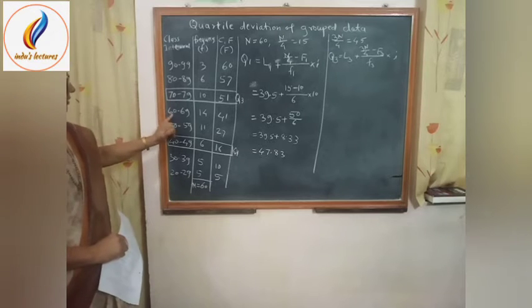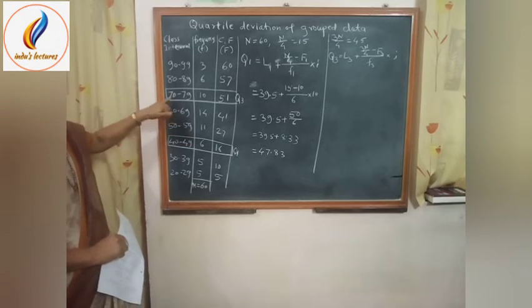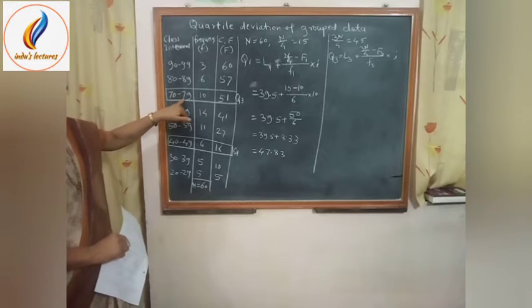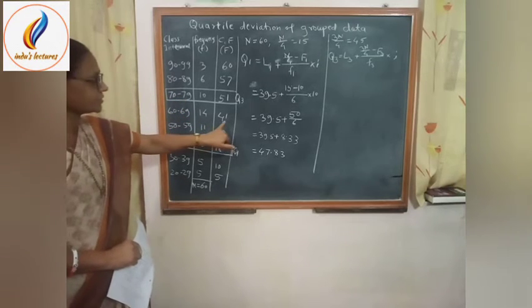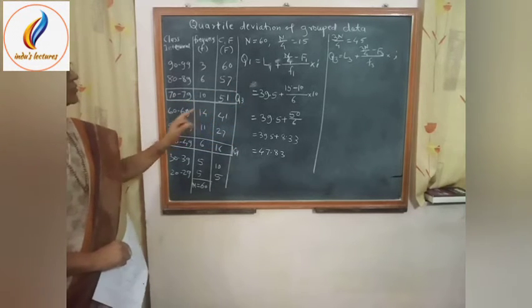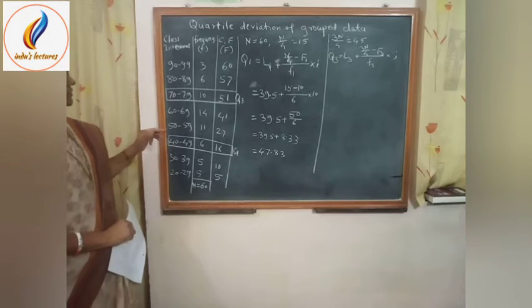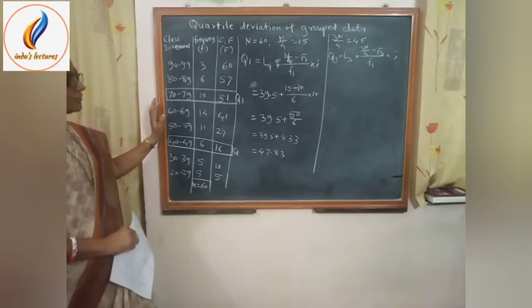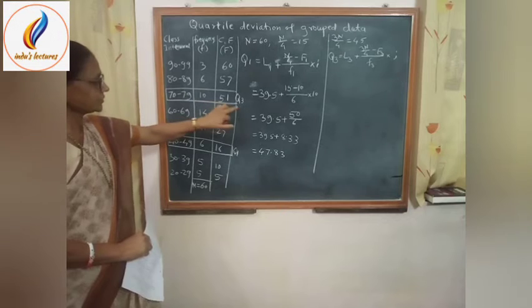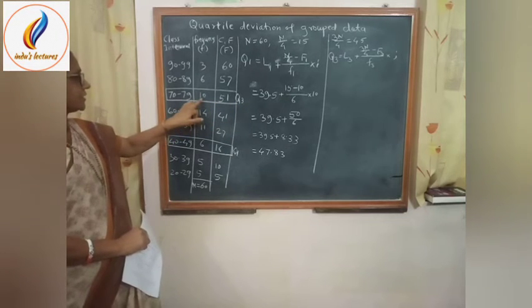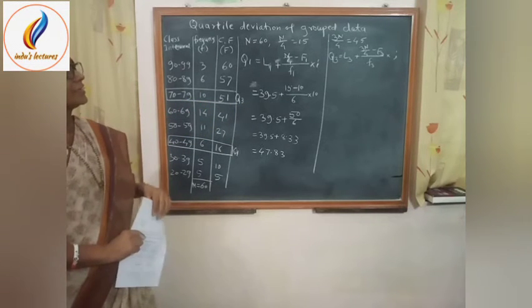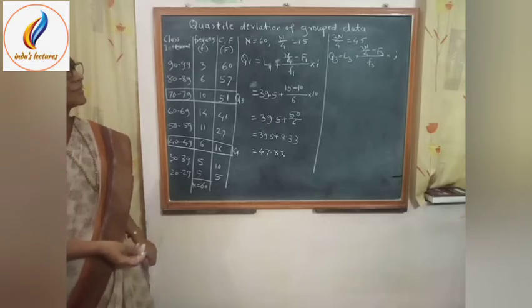That means 60 to 69 is the class interval below 70 to 79, and its cumulative frequency is 41. So F3 is equal to 41, and small f3 is the frequency of Q3 class, that means it is 10, and length of class interval is 10.